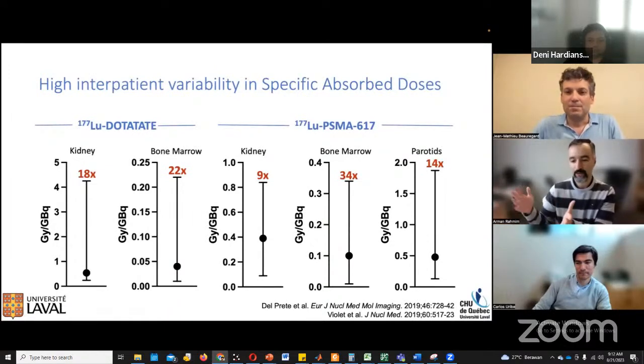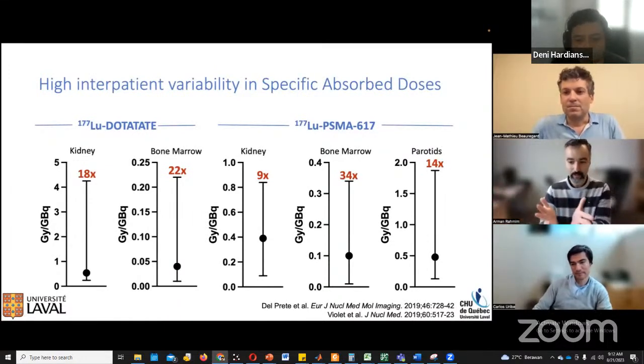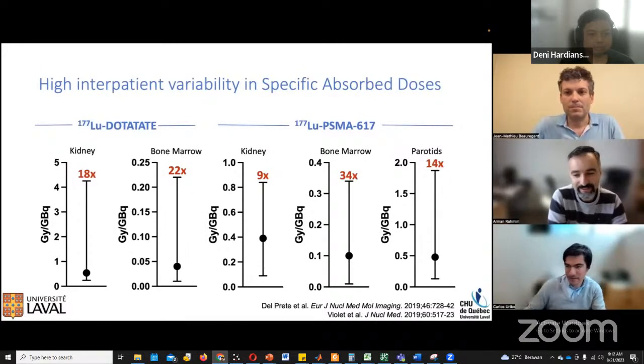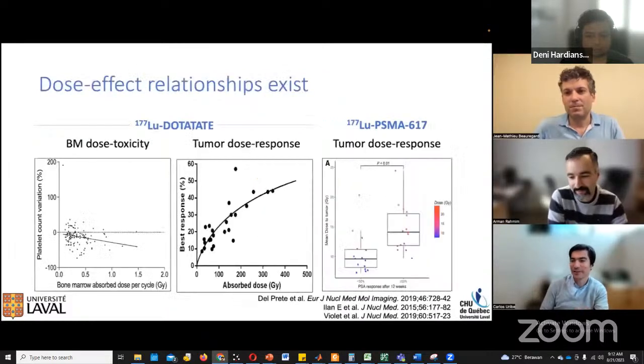We become idealistic and say, well, how good can we do it anyways with dosimetry? But the truth is, if we don't do dosimetry, this is a massive range of doses that are being delivered to our patients. So from what we're seeing here, do you think it's valid to say that we are under-treating most of our patients?